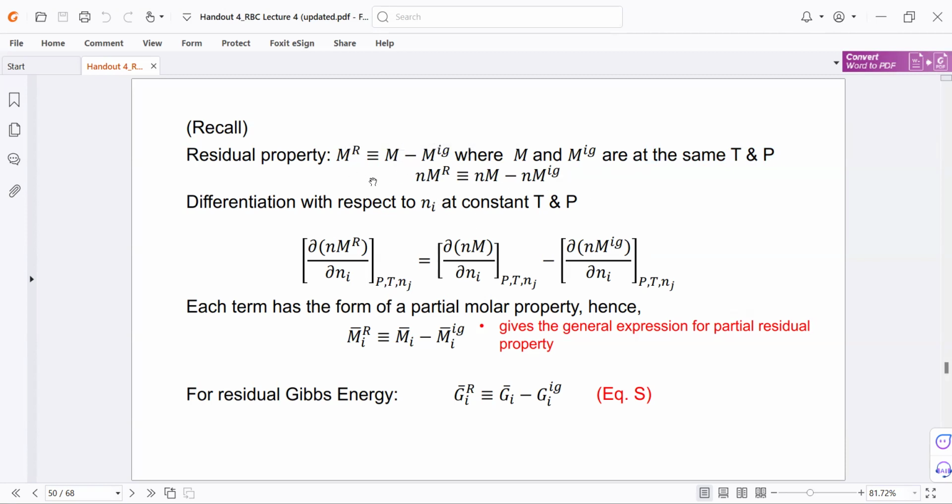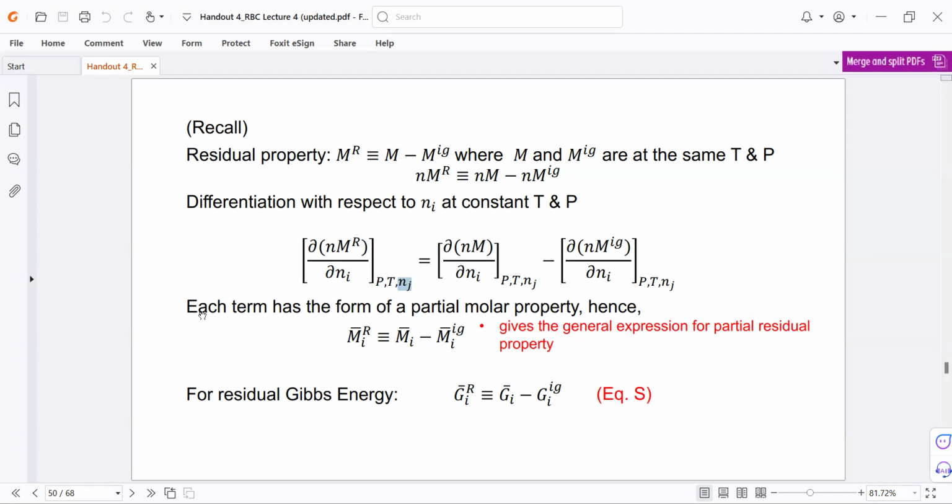And then we differentiate with respect to the number of moles of species i at constant pressure, temperature, and number of moles of all the other species except for i, that is n sub j. Okay, so differentiating it would give us these expressions.